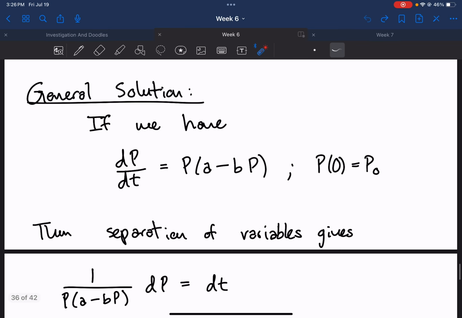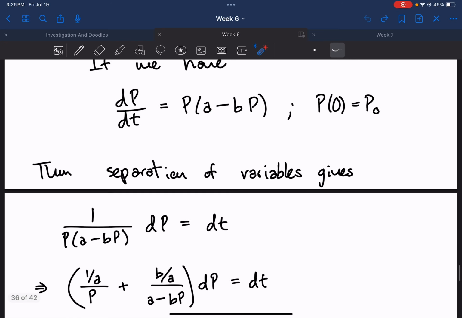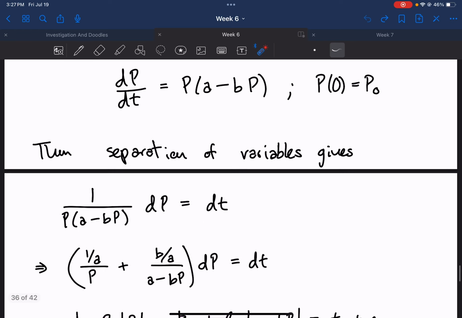So if we have dP/dt equals P times (a minus bP), then separation of variables gives this, and splitting this along the multiplication is partial fractions again.